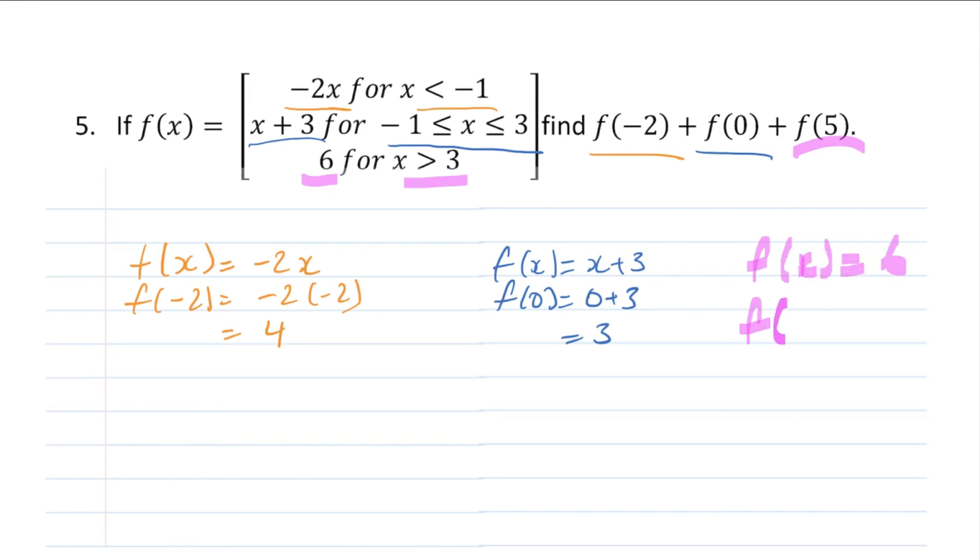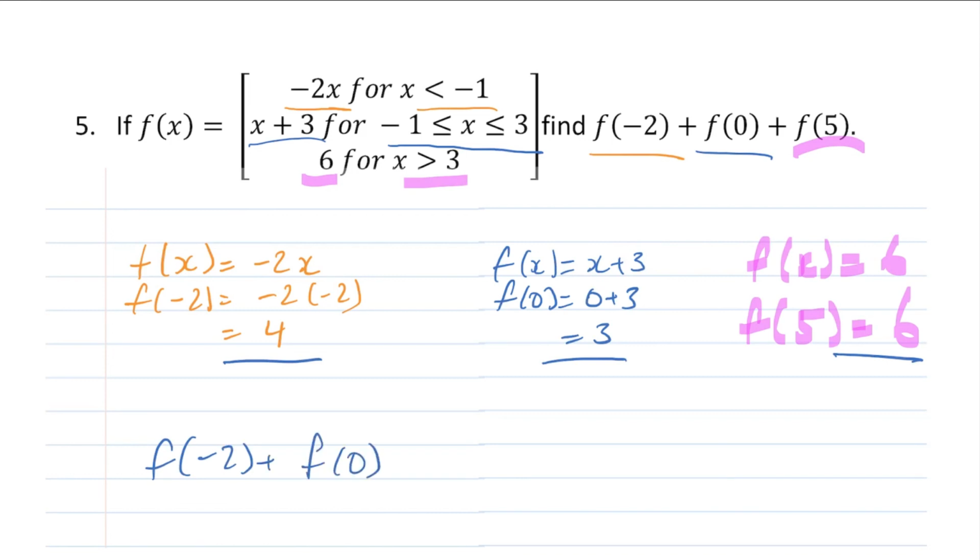I have no idea why I chose a highlighter color, but let's just work with it. So all up, my answer is going to be 4 plus 3 plus 6. Let's see. And there you have it.